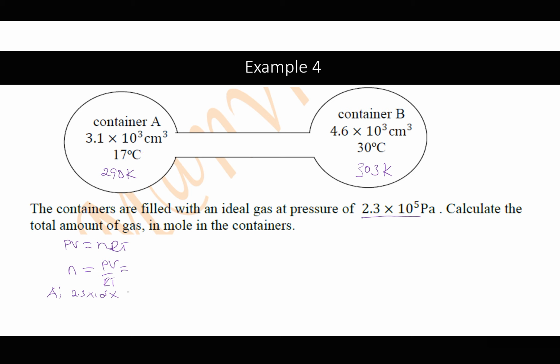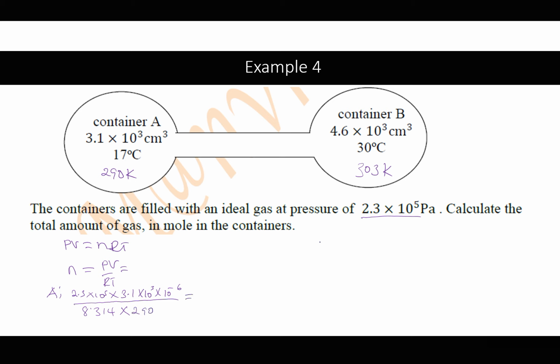So this becomes 3.1 times 10 power 3, again multiplied by 10 power negative 6 to change it to meters cubed. We divide this by 8.314, which is the molar gas constant, multiplied by the temperature, which is 290.